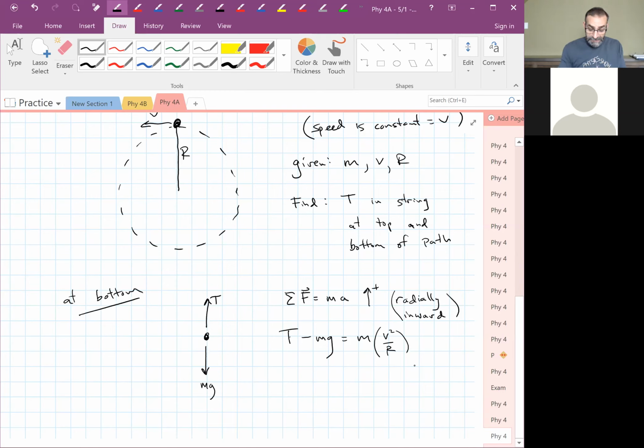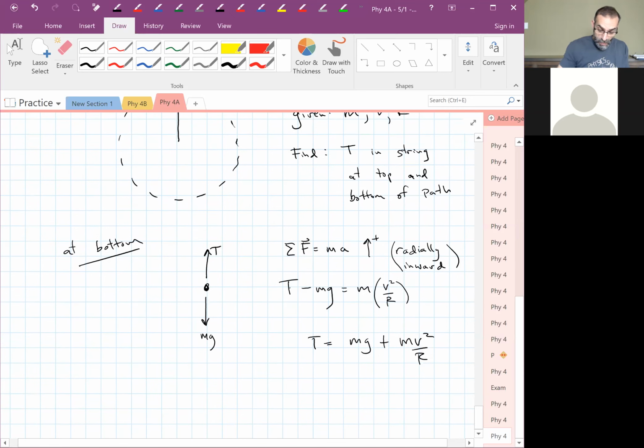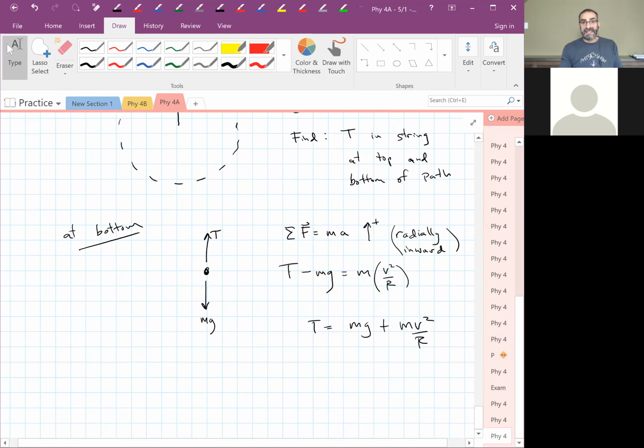Okay, so there's my equation, and I just solve for T. I'm given everything else, right? So T is mg plus mv squared over r. And what does that mean? It means, what is the string doing when the object is at the bottom of the path?